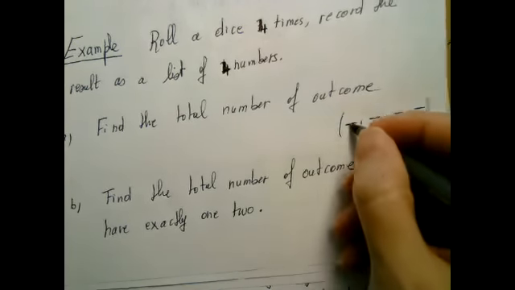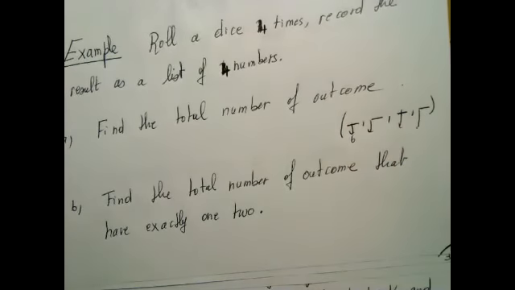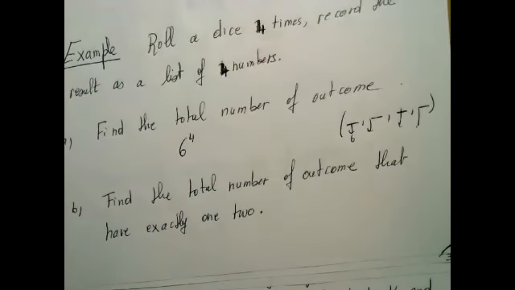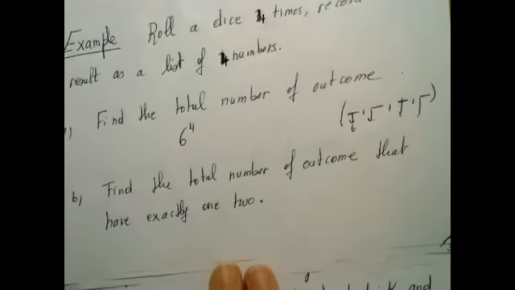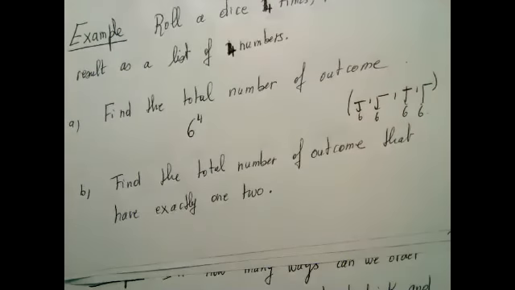Okay, 6 times 6, because we have 6, 6, 6, 6. So that's 6 to the power 4, absolutely the multiplication rule.